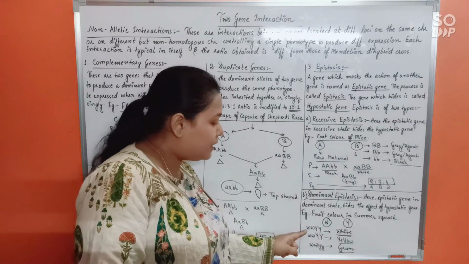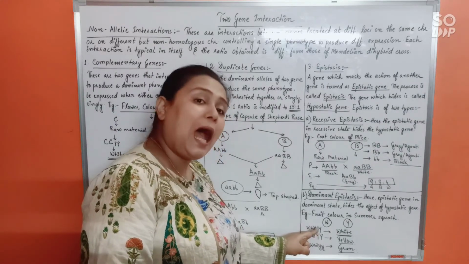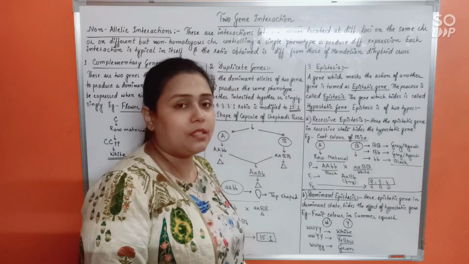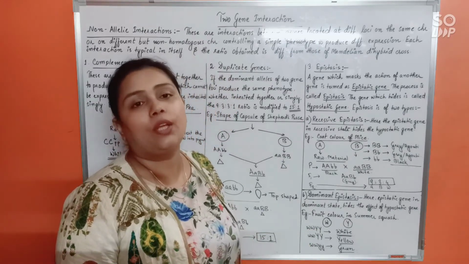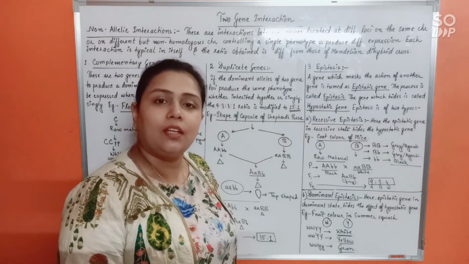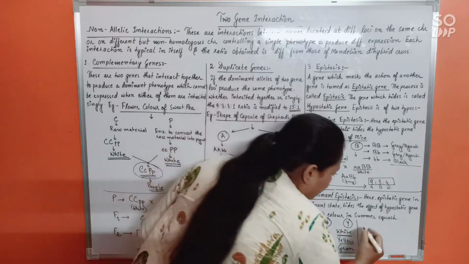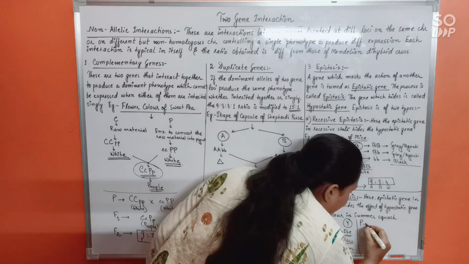So in the dominant state, the epistatic gene is not allowing the hypostatic gene to express itself. That's why we call it dominant epistasis. I hope all of you are clear about it. Alright, so what you need to do? Make this cross. Parental generation.